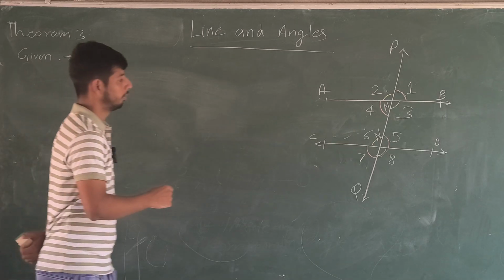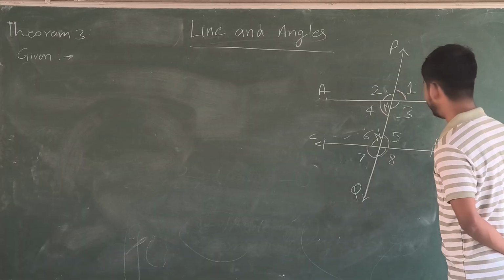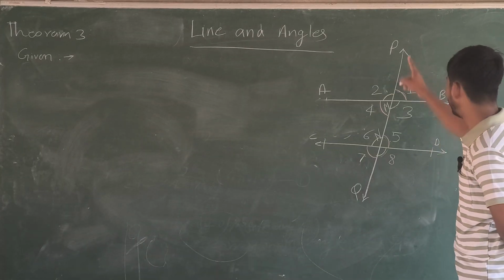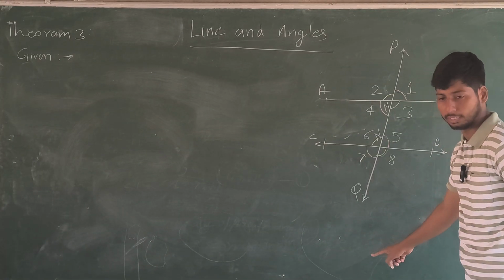In this one we are given that lines AB and CD are parallel and PQ is a transversal.